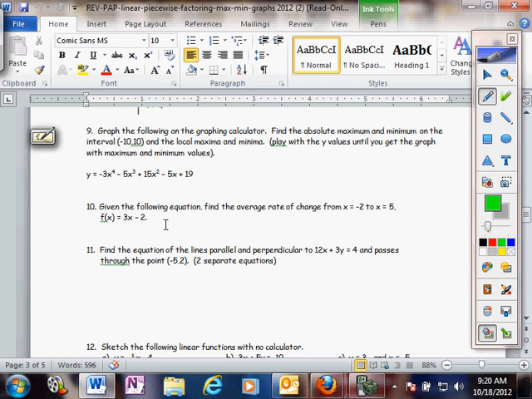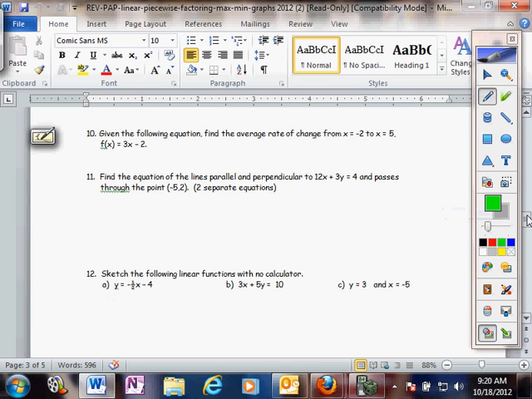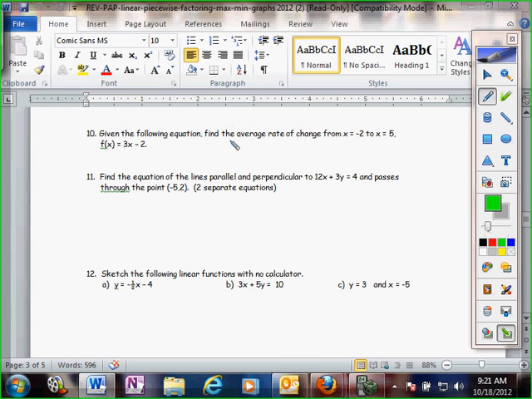Looking at numbers 10 and 11, I'll look at number 10 real quick actually. It says, given the following equation, find the average rate of change. So when I look at this problem, I have to go to the note card that talks about average rate of change.